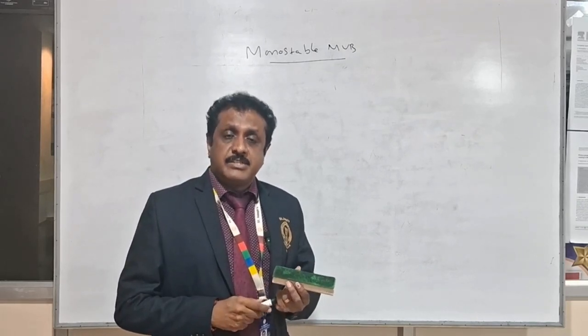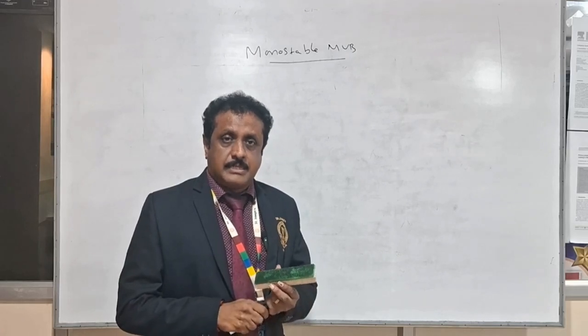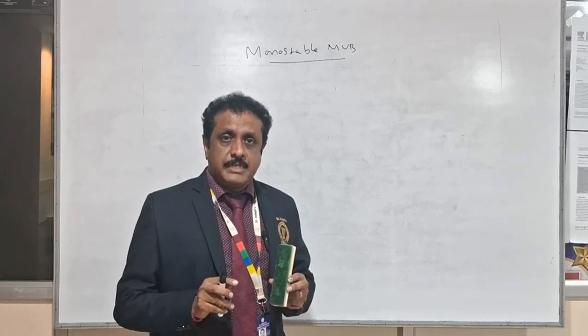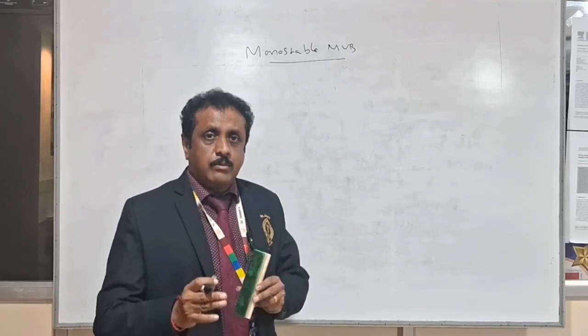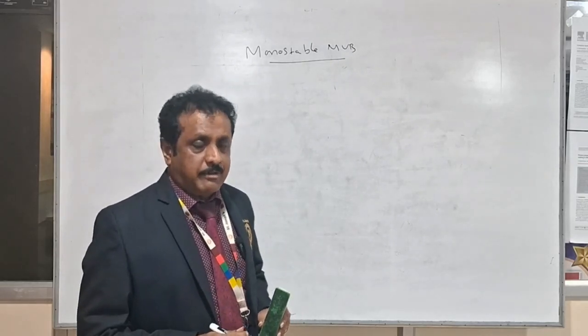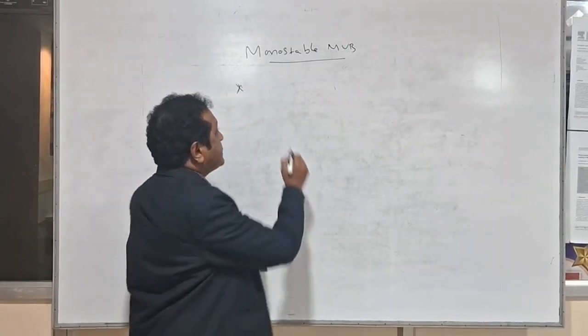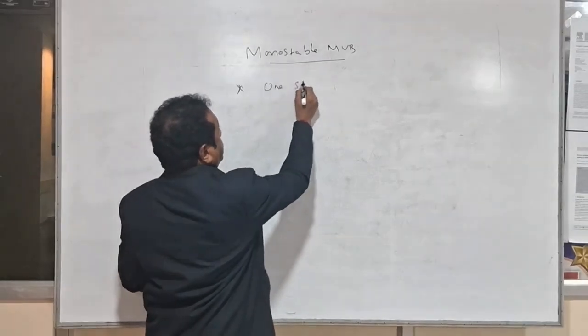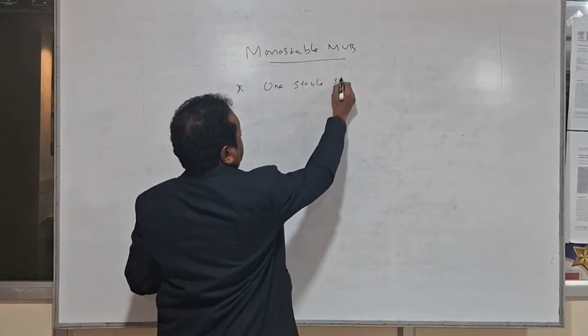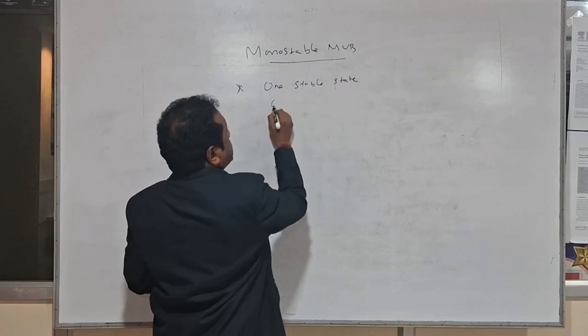One is an astable multivibrator that we have discussed already. It has no stable state; both the states are quasi. The second one is a monostable multivibrator. From the name itself, we can define it has one stable state and one quasi-stable state.